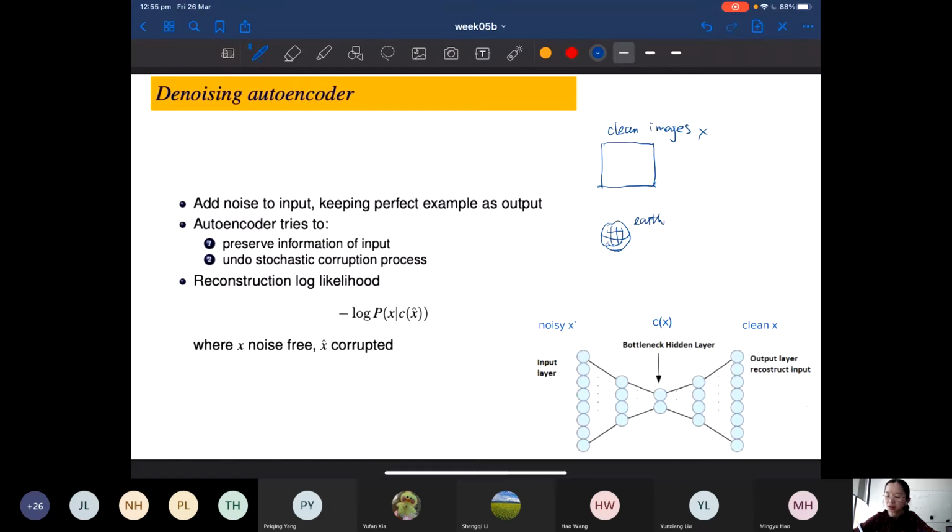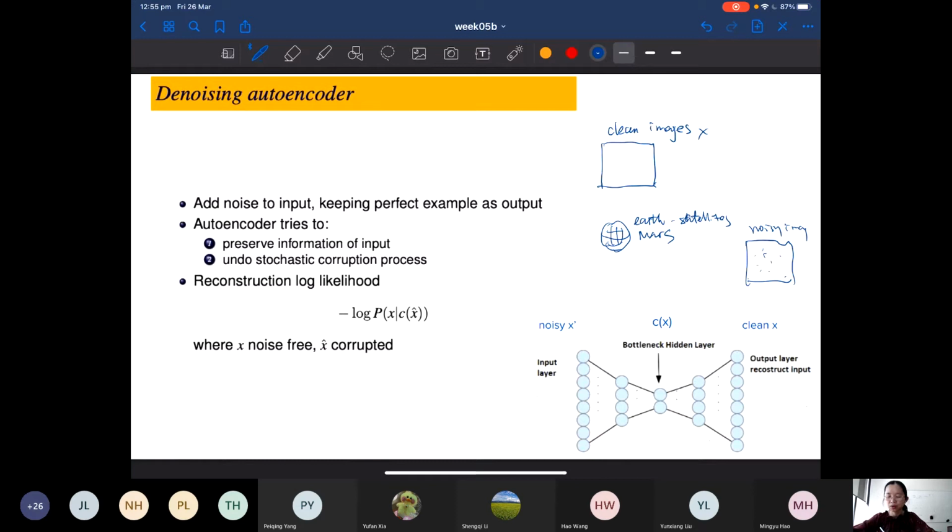Let's say, due to Earth's atmosphere scattering, if you do satellite images, or if you have a picture from Mars, because of imaging conditions and transmission, it's really noisy. So we have a noisy image, and we denote the noise.